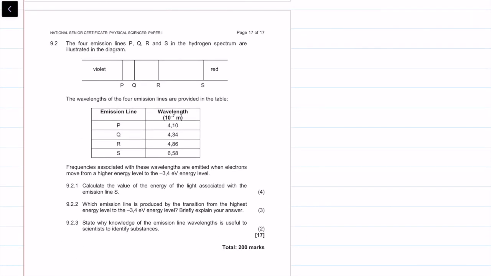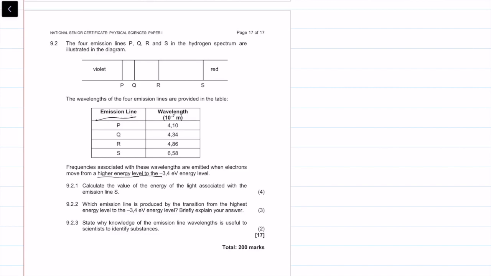Question 9.2. The 4 emission lines P, Q, R, and S in the hydrogen spectrum are illustrated in the diagram. We have a nice diagram, and we've been given the emission lines and the wavelengths. The frequencies associated with these wavelengths are emitted when electrons move from a higher energy level to the minus 3.4 electron volt energy level.